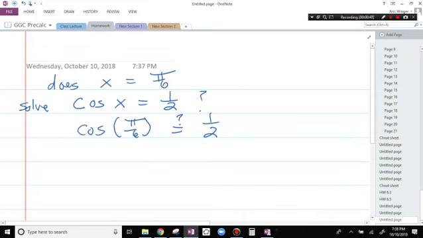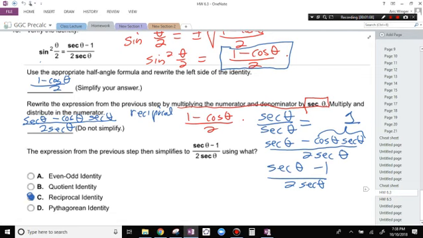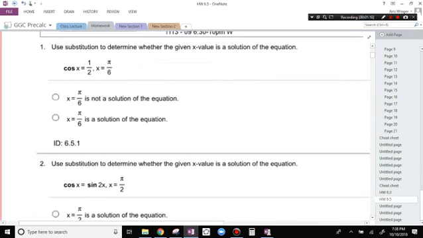Cosine of pi over 6 is the cosine of 30 degrees. The cosine of pi over 6, according to the circle, is square root of 3 over 2. The answer is no.